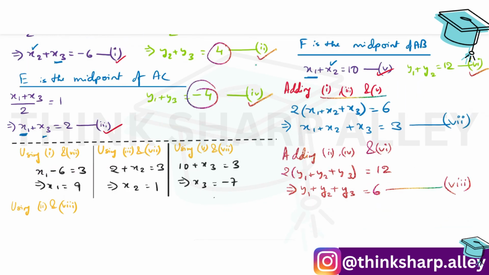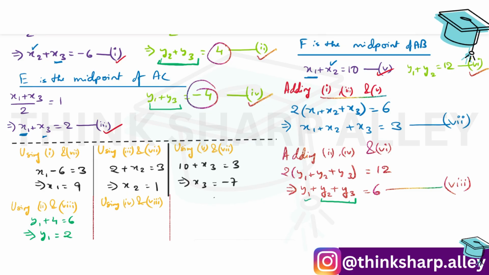Let's do that. Using 2 and 8, in 2 we have y2 plus y3. So I'll substitute 4 in place of y2 and y3, and I have y1 plus 4 is equal to 6. So that gives me y1 as 6 minus 4, which is 2. Similarly, using 4 and 8, in 4 we have y1 plus y3.